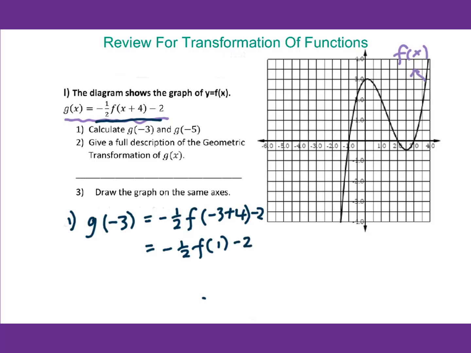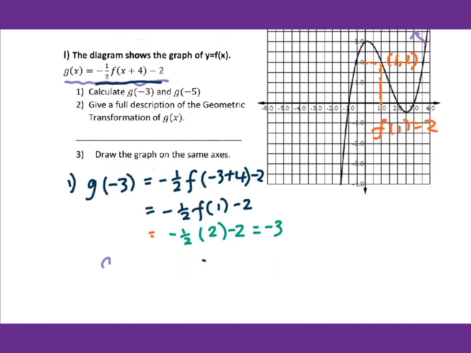Check on the graph, when x equals 1, the y is 2, which means f of 1 equals 2. Therefore, we plug in now -1/2 times 2 minus 2. You will get -3.